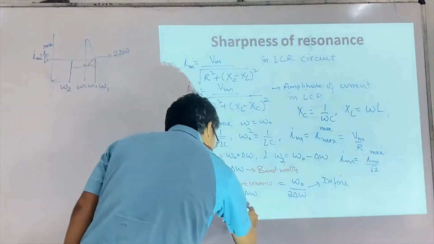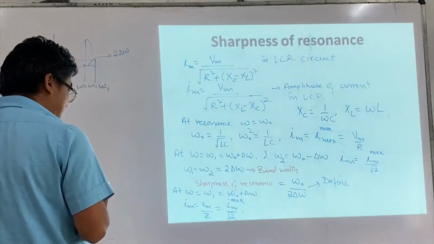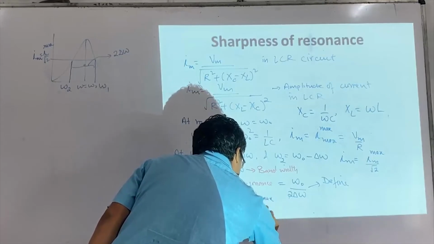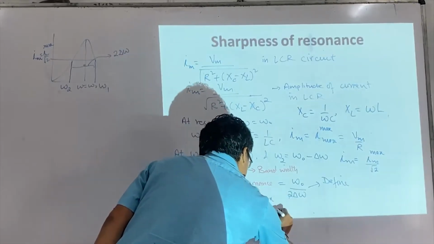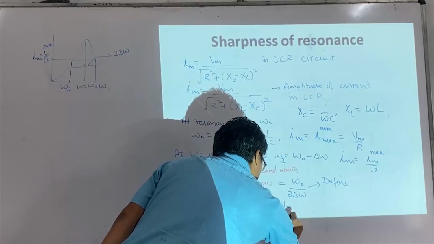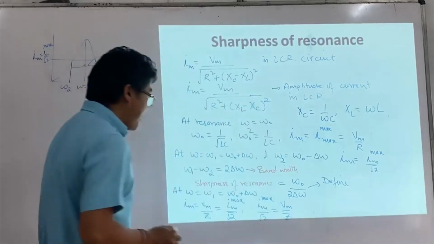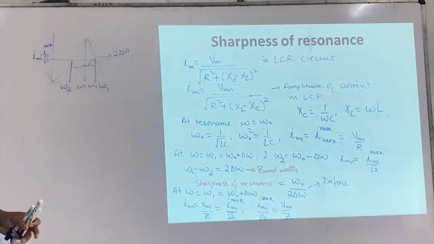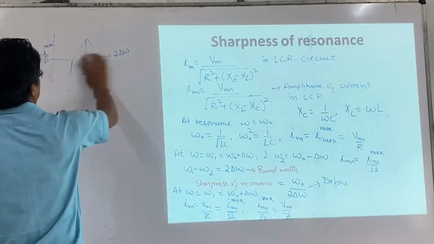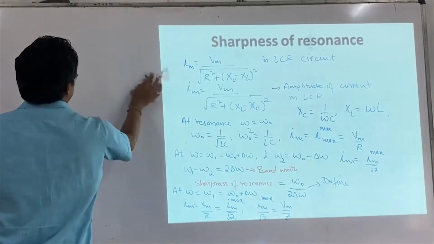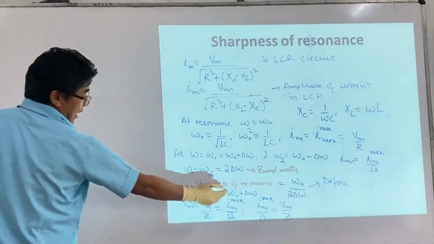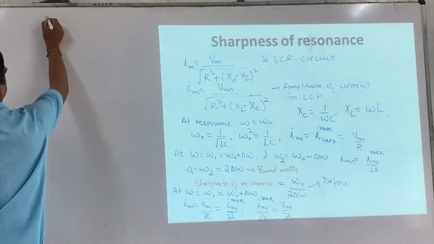And having this, I say that I m max divided by root 2 is equal to Vm by Z. So I'll rewrite this.